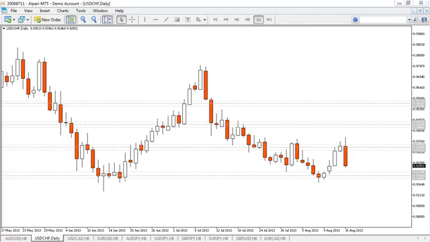So don't stay on demo for too long. Use demo to test strategies. Once you find a strategy that is working for you, even for just a month, switch to a live account with a very small amount of money, whatever you can afford to lose, because when you switch to live, you probably are going to start losing some money. So take it very easy, very slow, and slowly build your account.